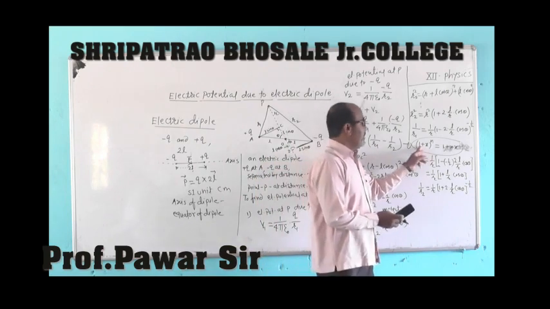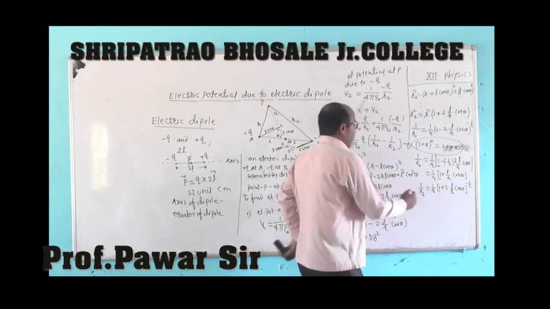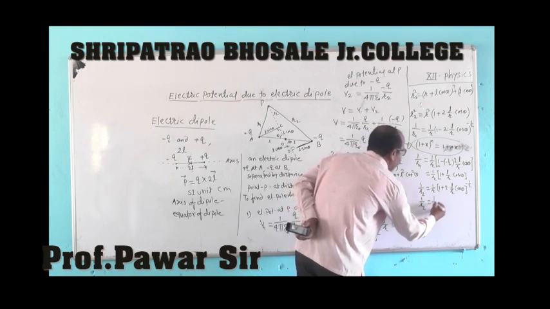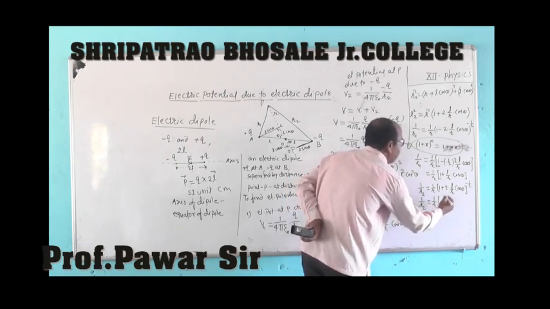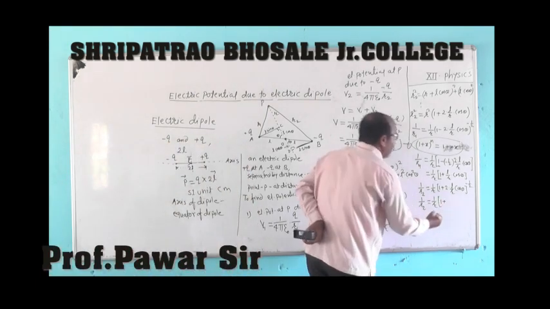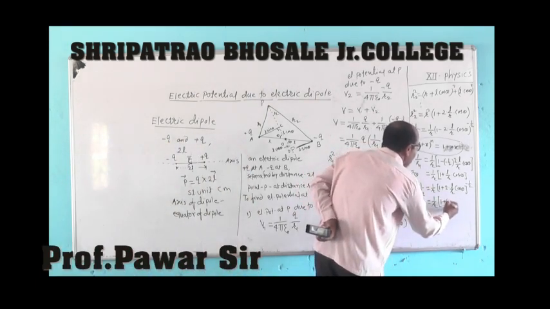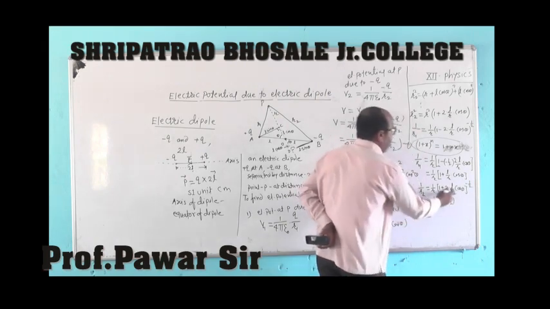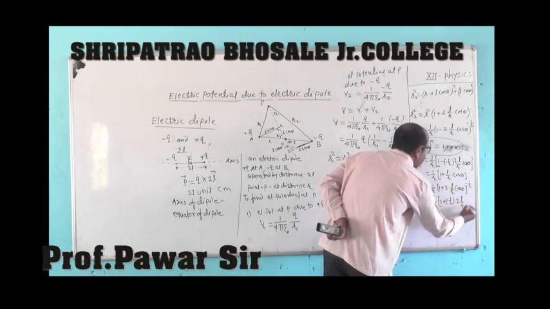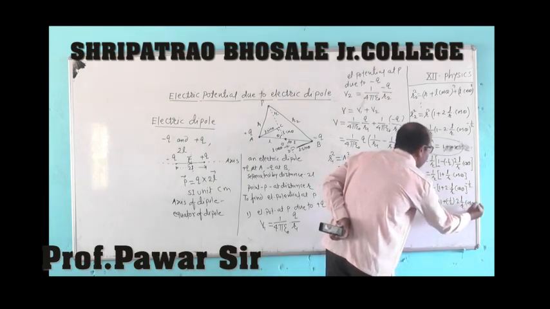Okay, use same formula for expansion. We can write 1 divided by R2 equal to 1 divided by R into bracket 1 is plus sign into this power is minus half into x means 2L divided by R into cos theta.